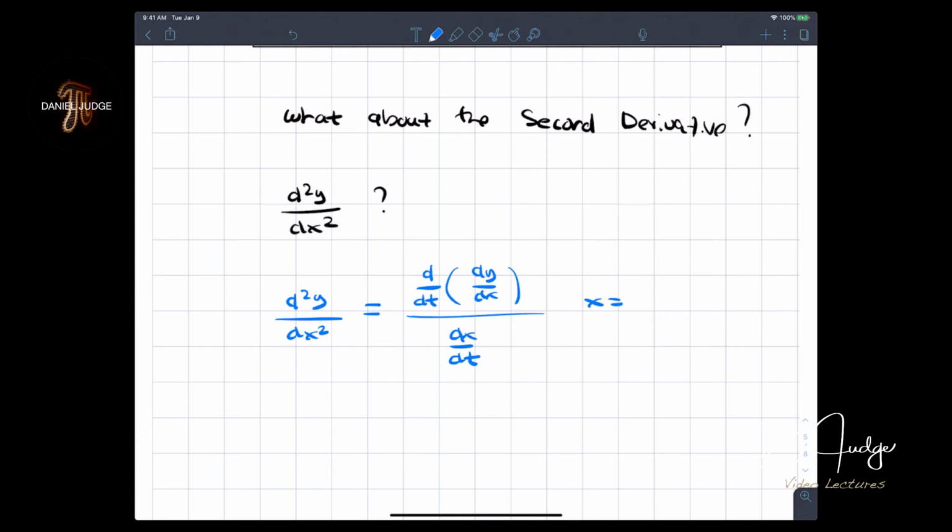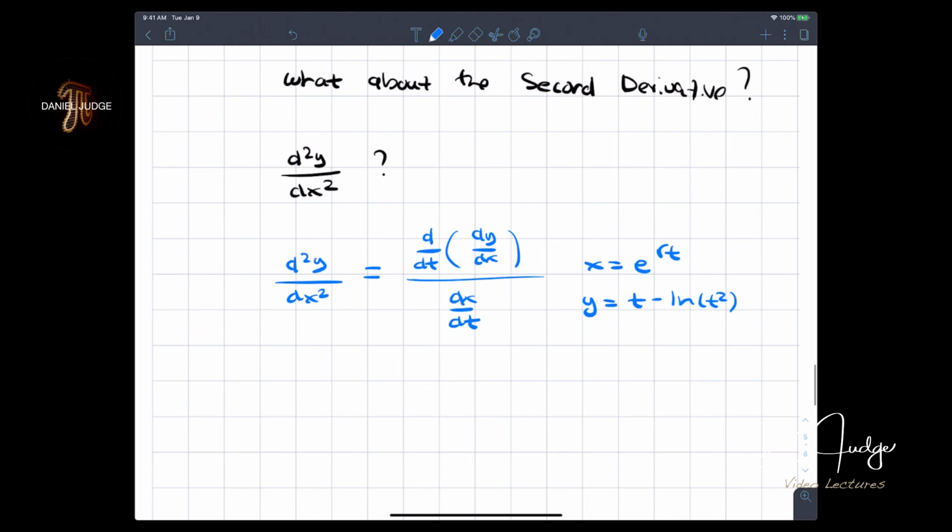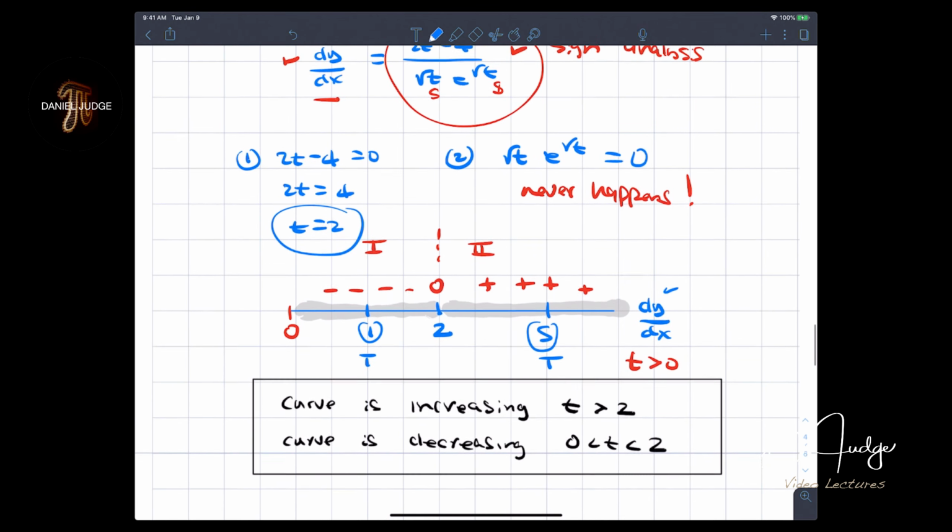x, again, was, I think, e to the square root of t, and y was t minus natural log t squared. But in order to find the second derivative, I need dy dx. That was the function of t that we had. It was way back over here.